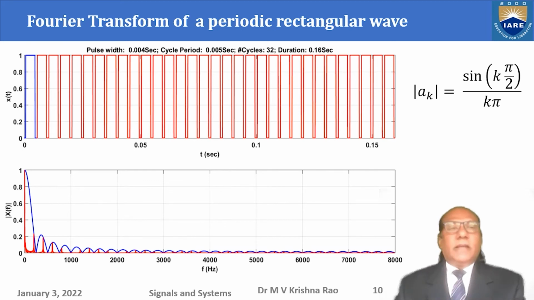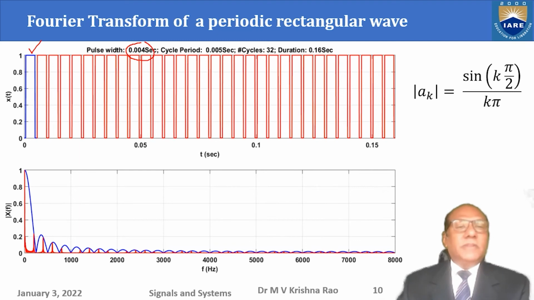I am taking again a rectangular waveform, with pulse width 0.004. This is whatever I have drawn here, the first cycle. This is the on period. When you expand this, the waveform looks something like this.